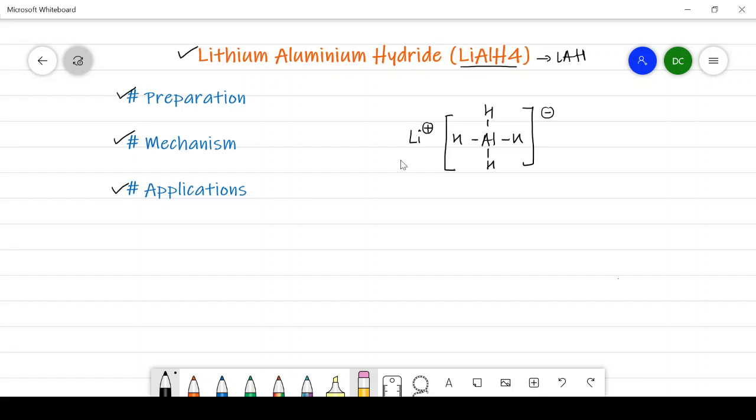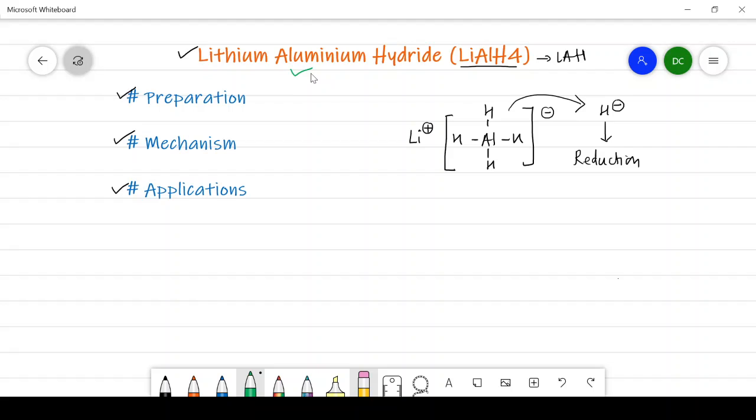From this structure it is clear that the hydrogens attached to the aluminum will act as a hydride, and when they act as a hydride they will cause reduction of various compounds. So lithium aluminum hydride is mainly used for the reduction of compounds, mainly carbonyl compounds.